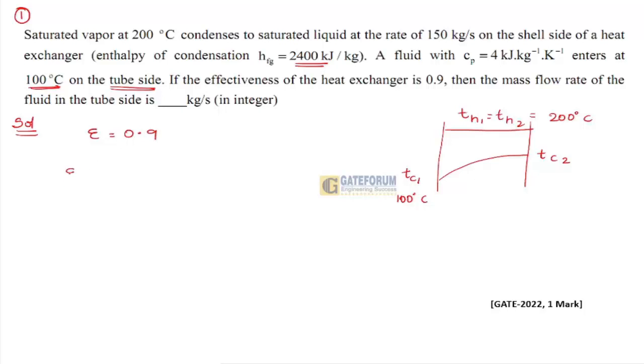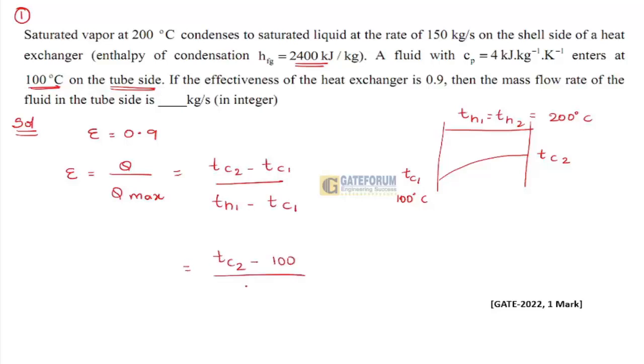We know that effectiveness is Q by Q max, which is (Tc2 minus Tc1) by (Th1 minus Tc1), so (Tc2 minus 100) by (200 minus 100) is 0.9. From here, when I calculate Tc2, I get 190 degrees centigrade.